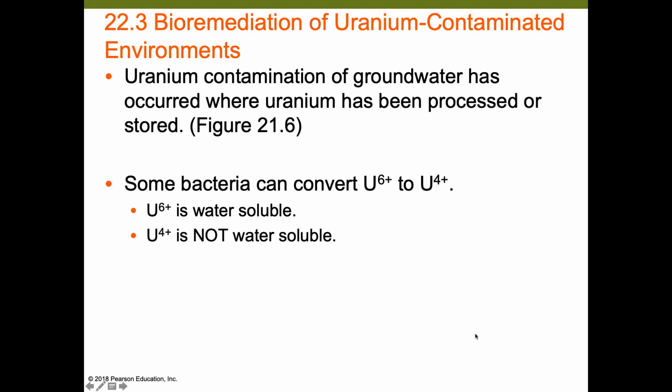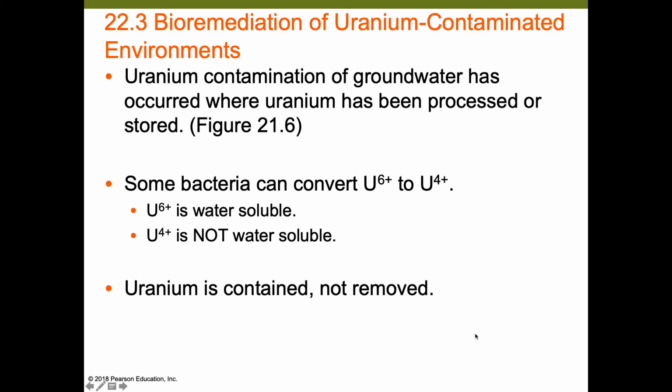So it doesn't remove the uranium from the groundwater. It's still there, but it contains it. You now have solid uranium that can be removed during the water processing steps, before it gets to your house.